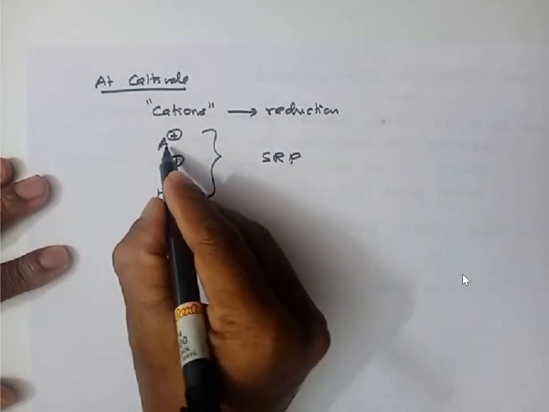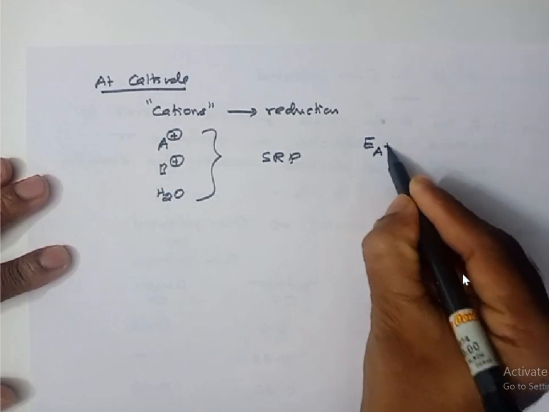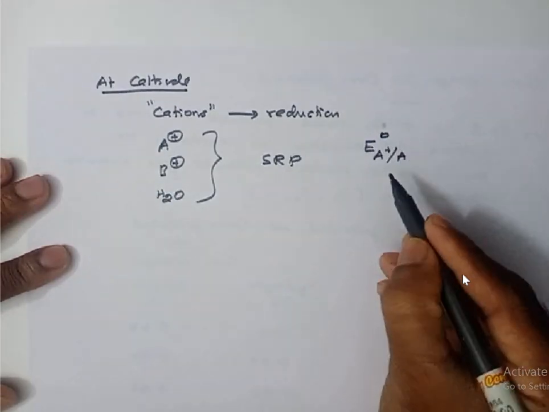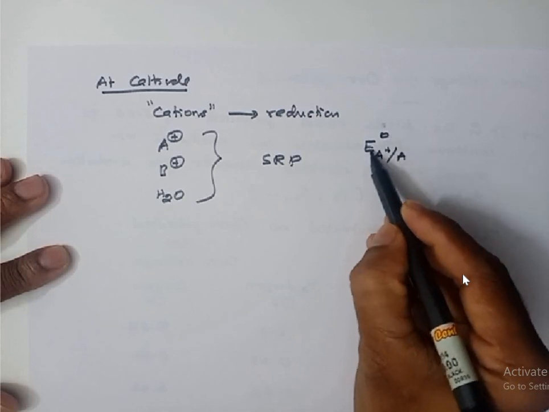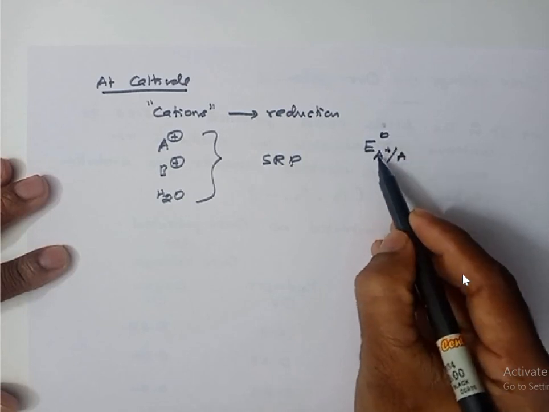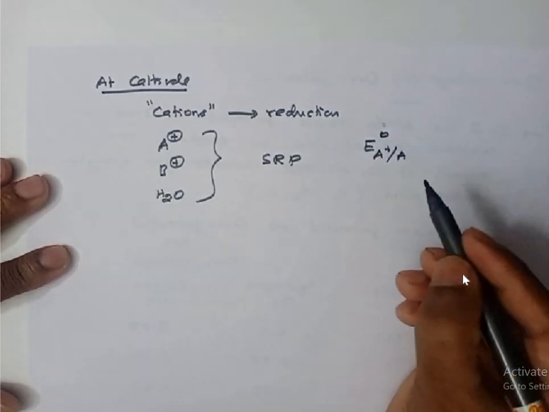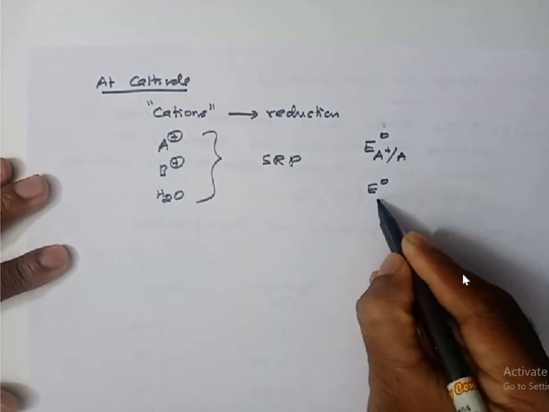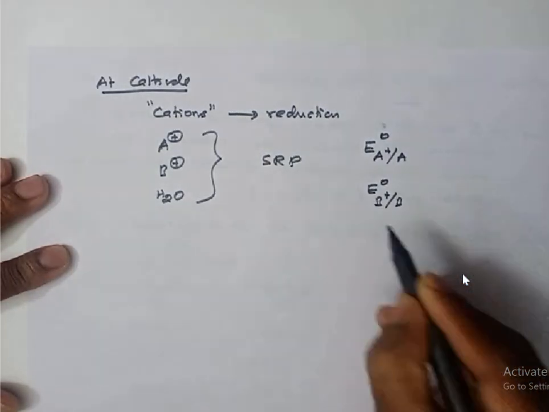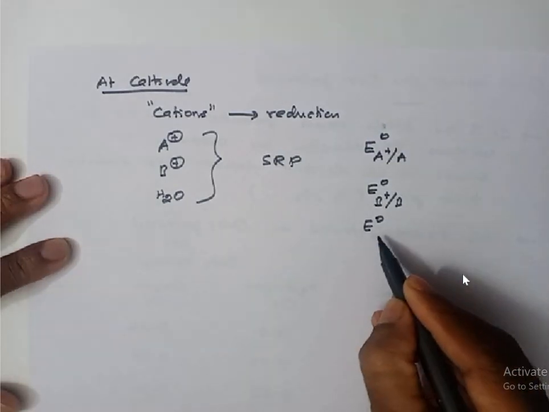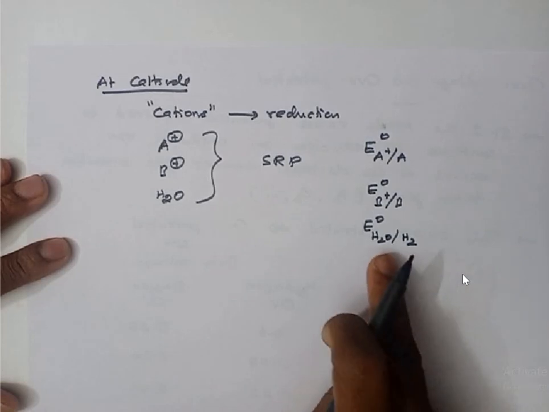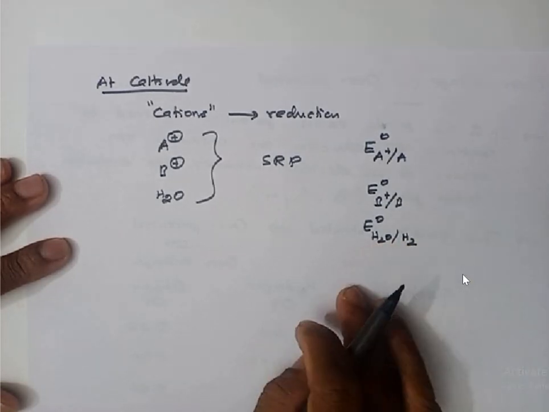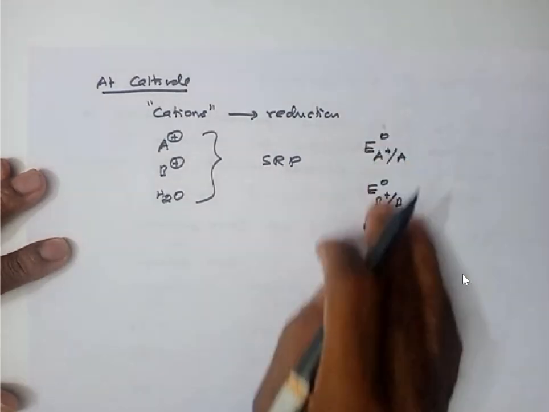For reduction of A plus to A, this naught symbol indicates standard, and E means potential, so it is called the standard reduction potential for the A plus ion. And we need to consider the standard reduction potential for the B plus ion, and the standard reduction potential for H2O becoming hydrogen. When H2O becomes H2, it is called a reduction reaction. Compare the values.